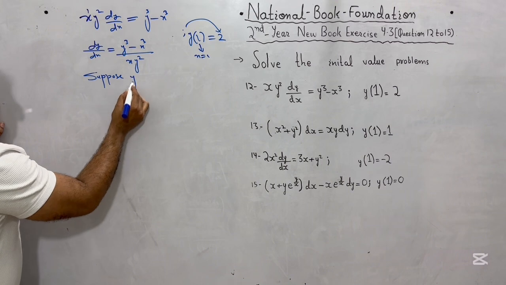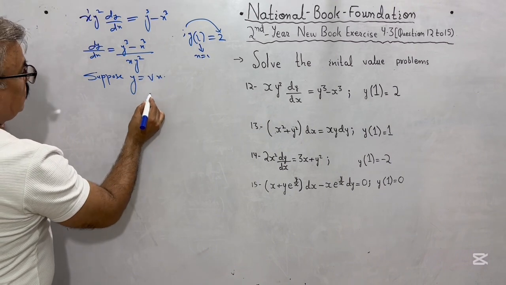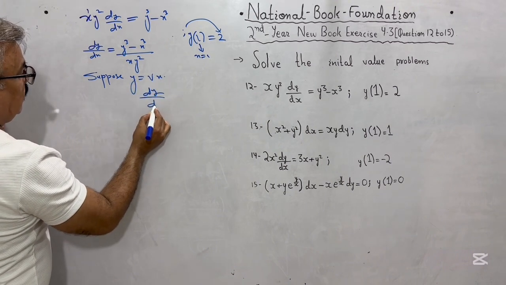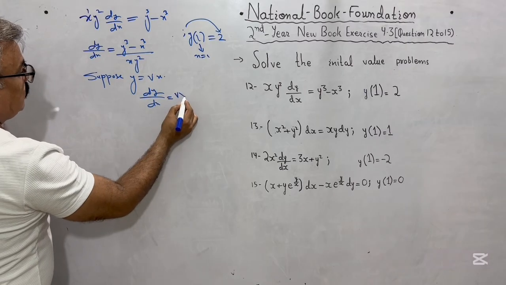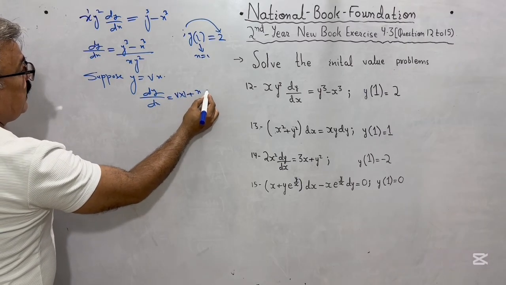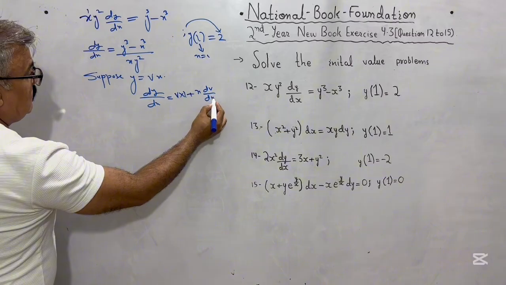Suppose y is equal to Vx. Differentiate, apply the product rule: V the same, differentiation of x is 1, and differentiation of V with respect to x is dv over dx.